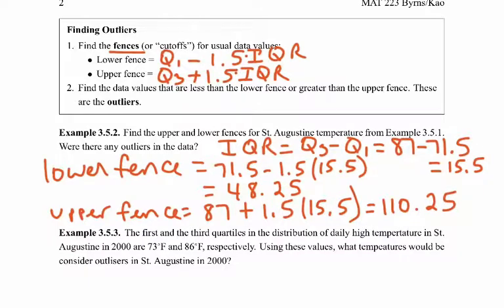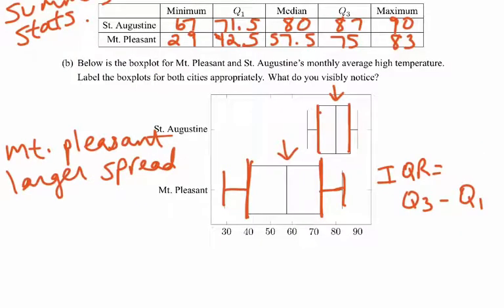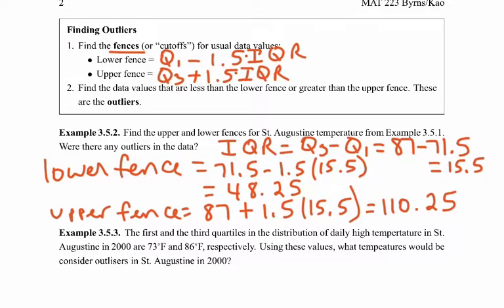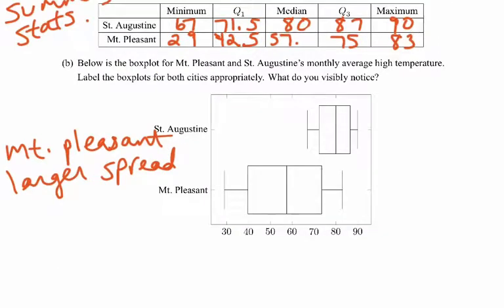Now, here's the deal with these fences. When you have the box plot, you're going to draw your fences. Let me go back to the previous picture for a second. You're going to draw your fences either to the minimum value or the lower fence, whichever you come to first. So for the lower fence for St. Augustine, we're getting a value of 48.25.